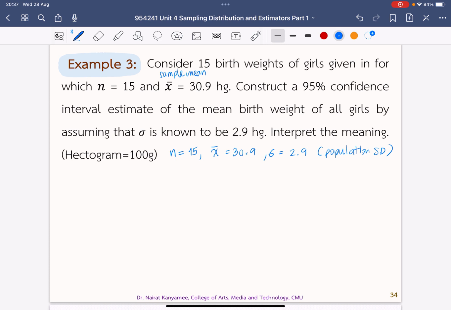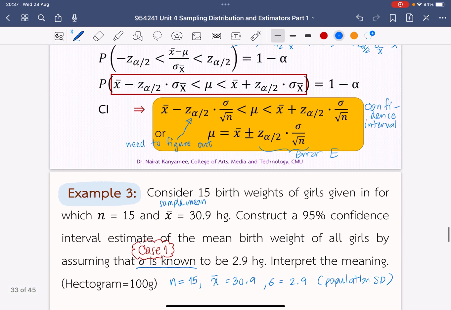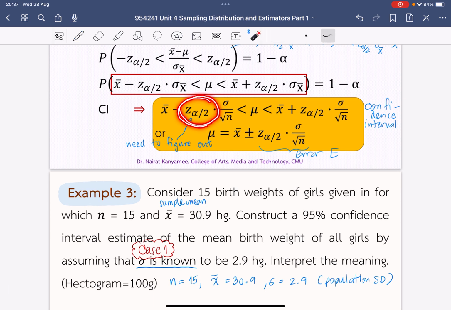So since sigma is known, this one falls into case 1, okay? Then we can use the formula in case 1. The key point is you need to figure out that z alpha over 2, because other values you can just plug in, but this one you need to look up.